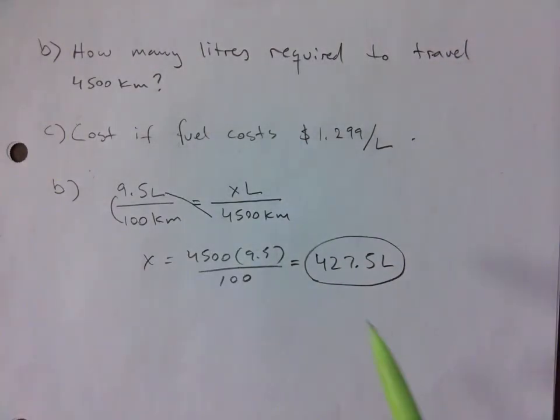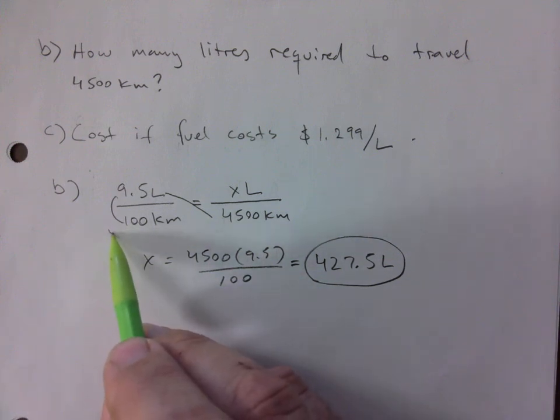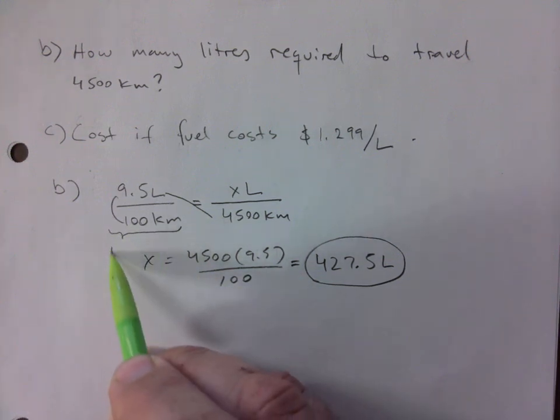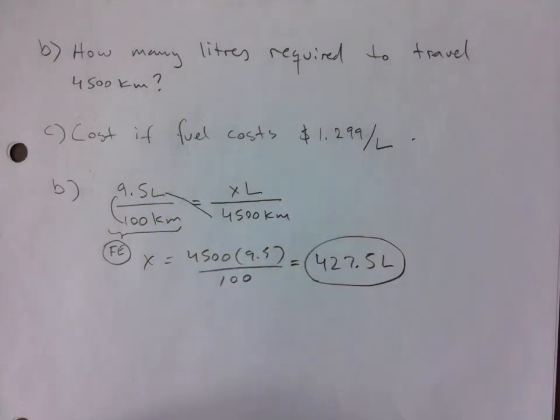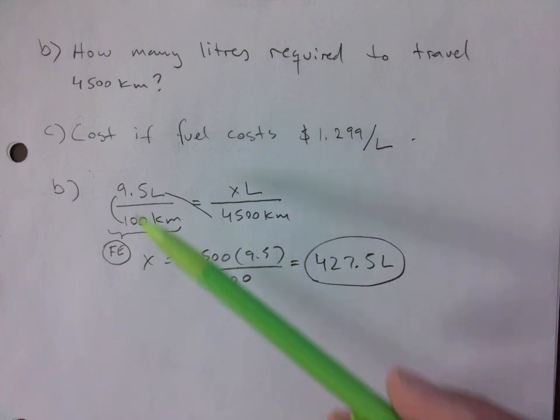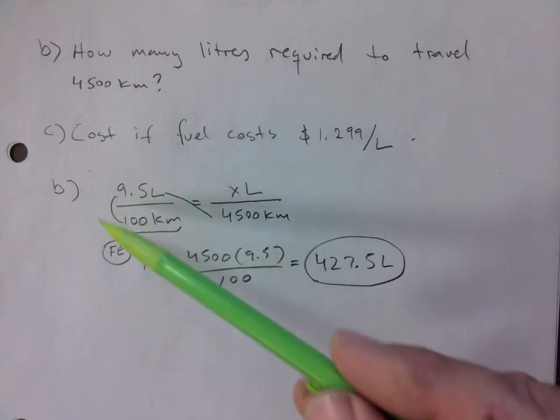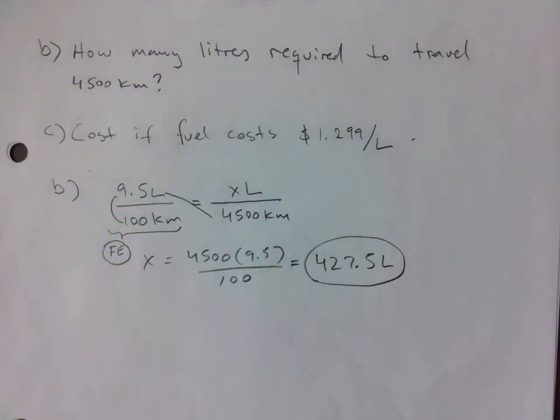You need to show me somehow a way that you came up with this, right? So if you want to put this in your notes, this is basically the fuel economy that I start with. I just write it as a fraction. To be honest, even if we ask you for fuel economy, you write it like this, you're fine. Okay?